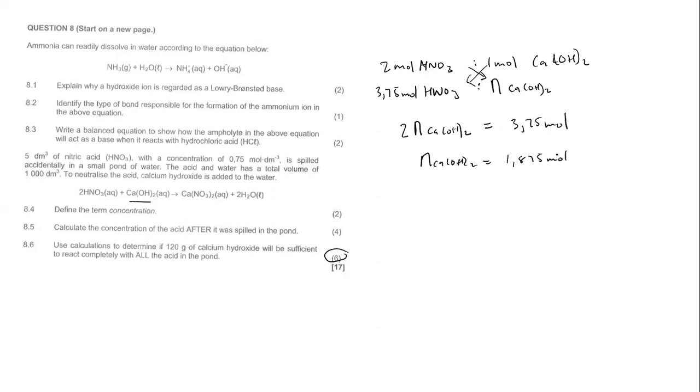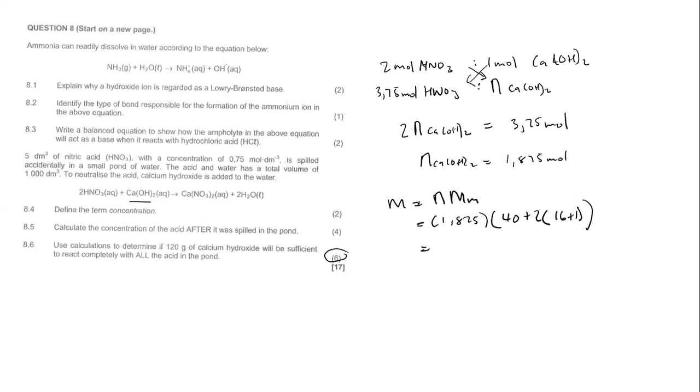So let us determine the mass of calcium hydroxide. Mass is going to be the number of moles multiplied by the molar mass. The number of moles is 1.875. And what is the molar mass of calcium hydroxide? Remember, calcium from the periodic table is 40. Then we multiply by 2 because of these 2, oxygen is 16 and hydrogen is 1, and let me close my bracket.